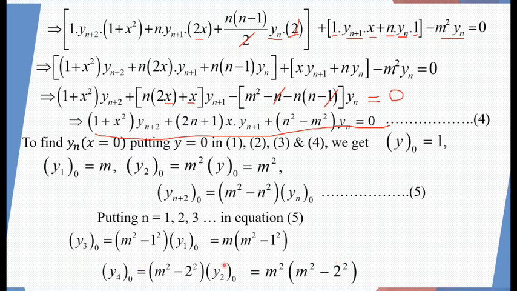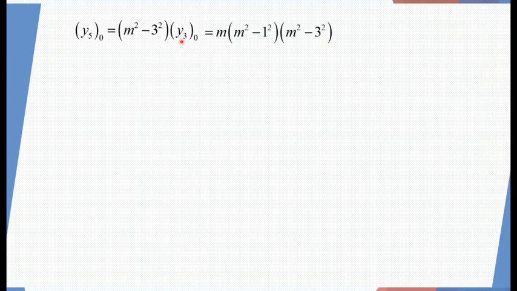So when we put n equals to 3, then y5(0) is equal to (m square minus 3 square) y3(0). But the value of y3(0) is m into (m square minus 1 square).